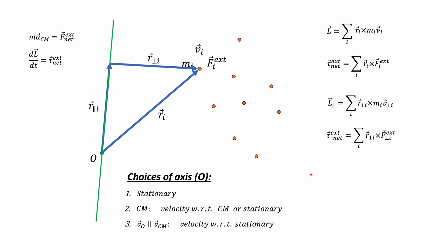One thing to notice is that when we position our axis or point O at the center of mass, or at a point with velocity parallel to the velocity of the center of mass, sometimes the center of mass is moving with acceleration. And sometimes our point O on our axis is going to move with acceleration.